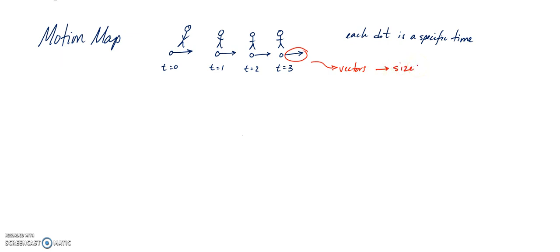The size tells us the magnitude: how big of a value is this? We're talking about speeds here, so the bigger the arrow, the faster they're going. The smaller the arrow, the slower they're going. But it also tells direction, because it's an arrow. So is it moving to the right? Is it moving to the left, up, down, things like that?